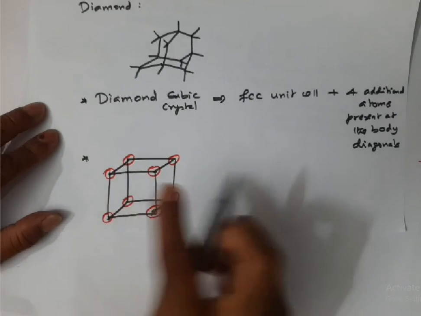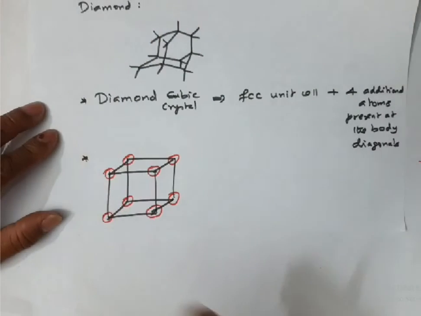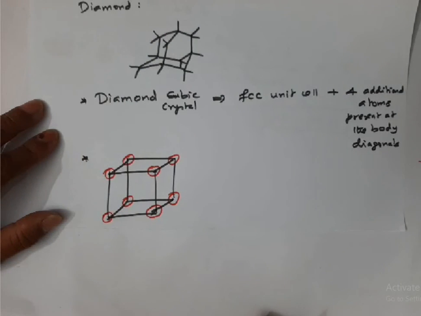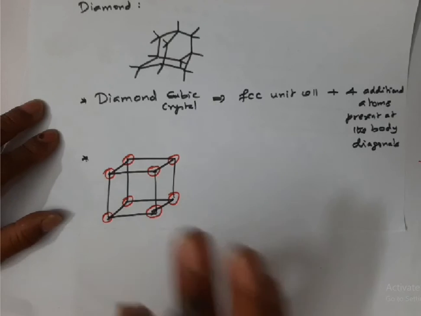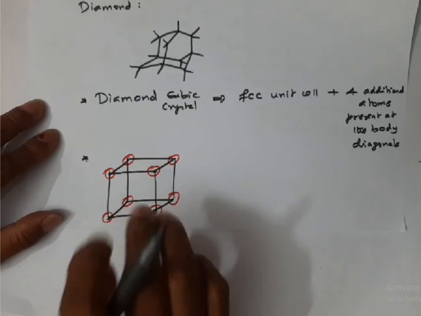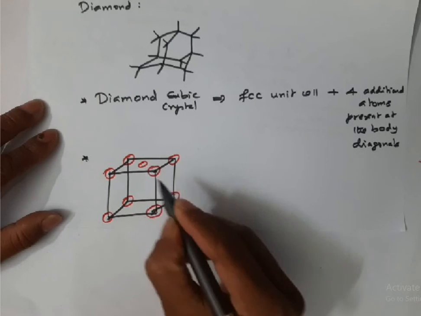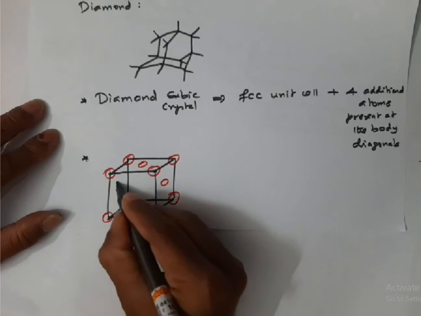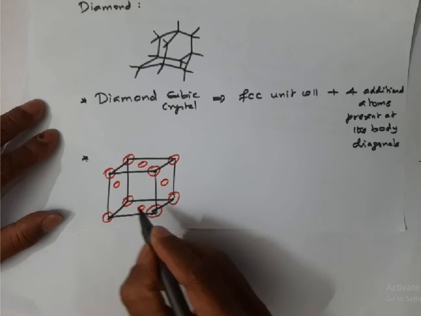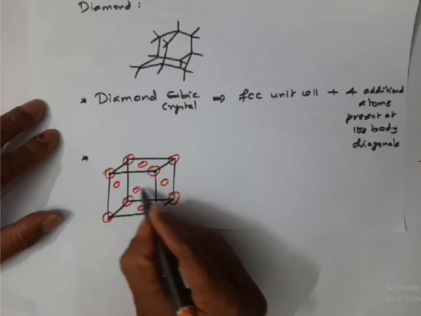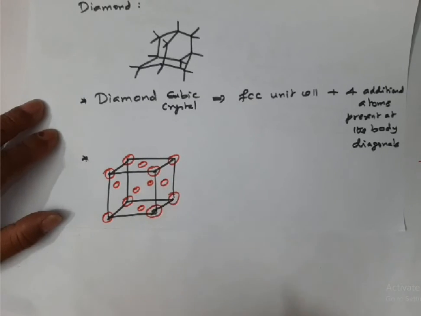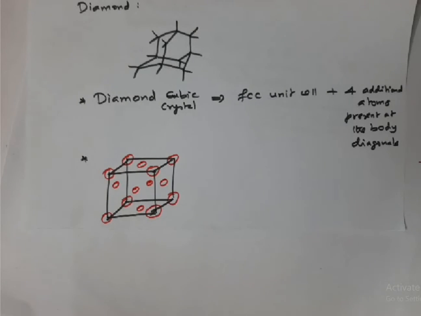These atoms are carbon atoms here because we are talking about diamond, which consists of only carbon atoms. Then we have carbon atoms at the face centers: top face center, bottom face center, front and back face centers. Atoms present at the corners as well as face centers. This is FCC.